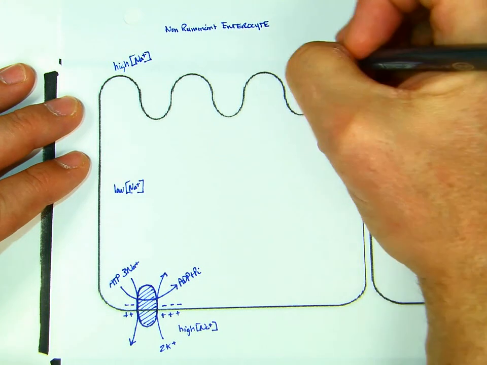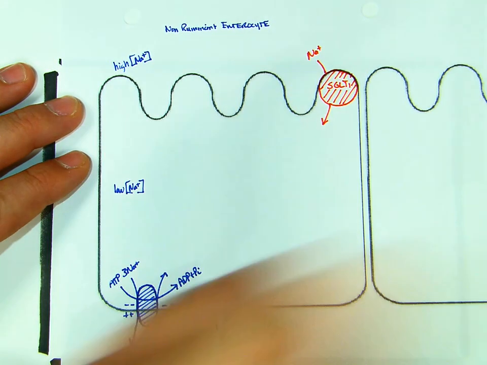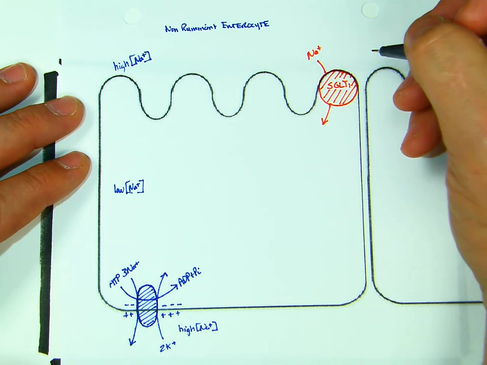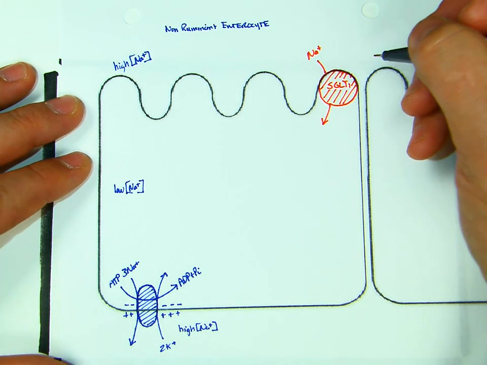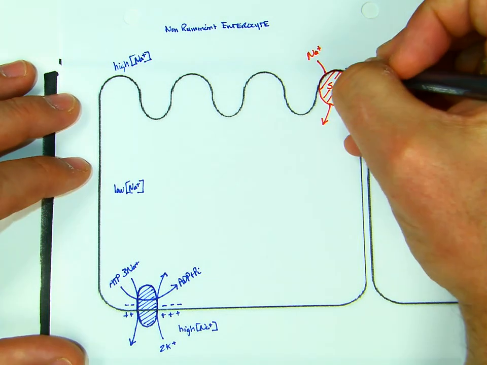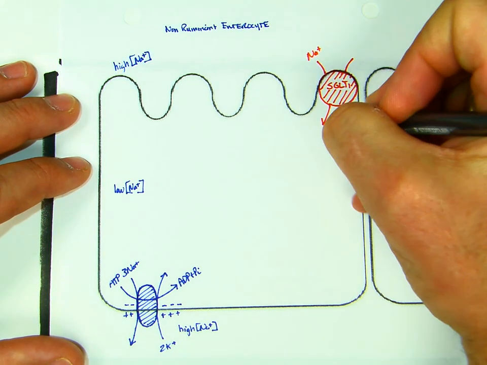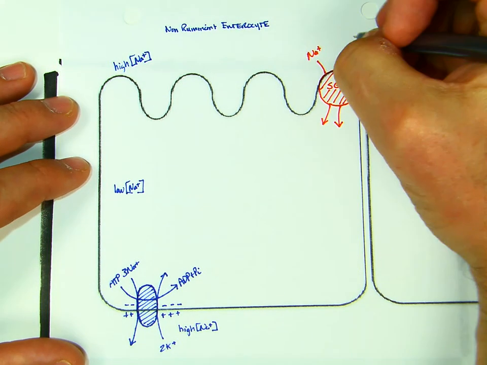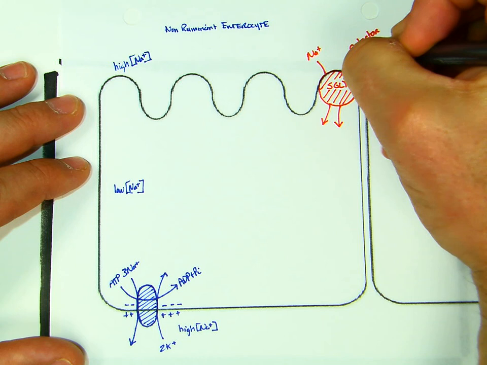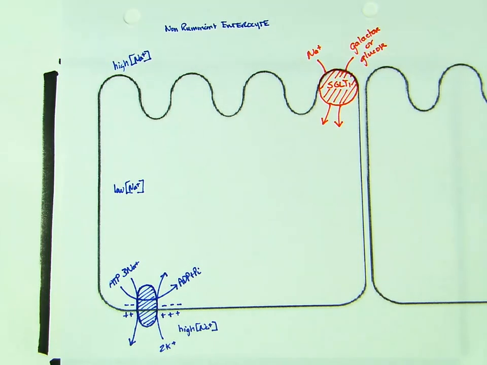It's going against the concentration gradient for the carbohydrates, with the concentration gradient for the sodium, so against the concentration gradient for galactose or glucose, but with the concentration gradient for sodium. Okay.